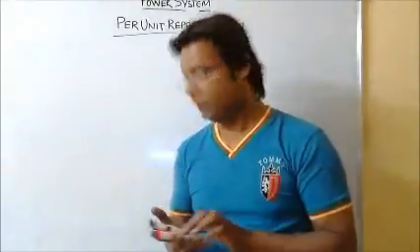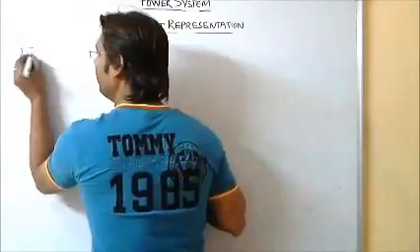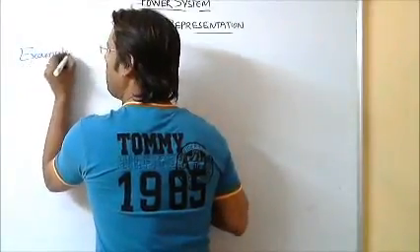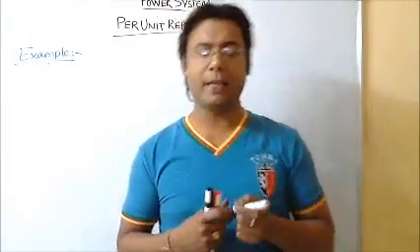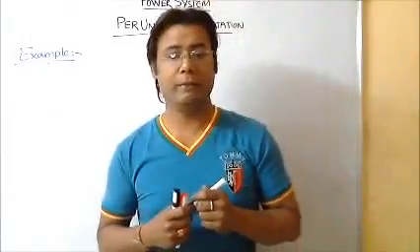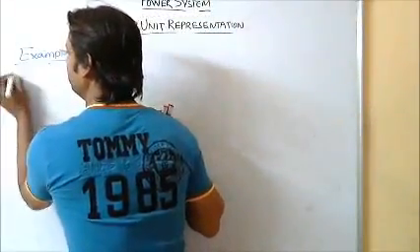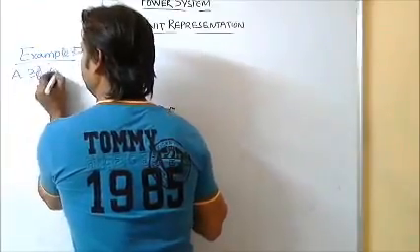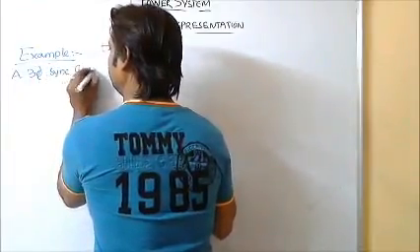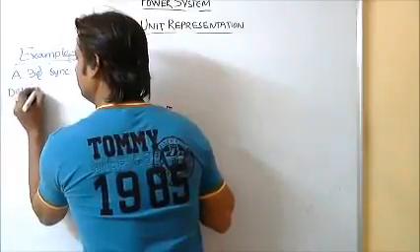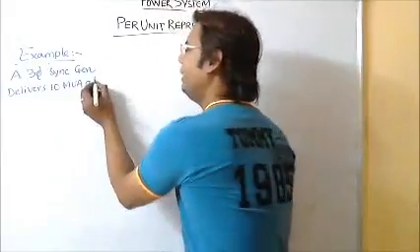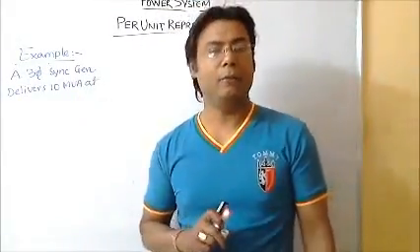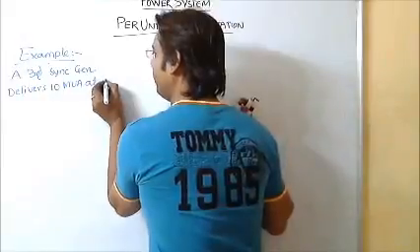So we can have an example to understand this thing better. The example is like a three-phase synchronous generator delivers 10 MVA at a voltage of 10.5 kilovolt.